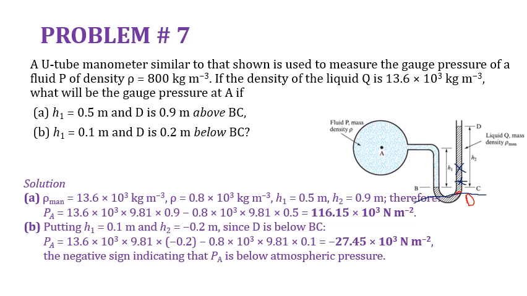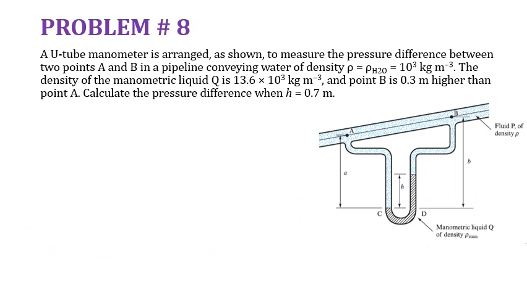So substitute all the values and you will have this answer as minus 27.45 kilonewton per meter square. So the minus sign shows that it is vacuum pressure. Over here I will again advise you not to remember the formula, rather develop the equation for each scenario.